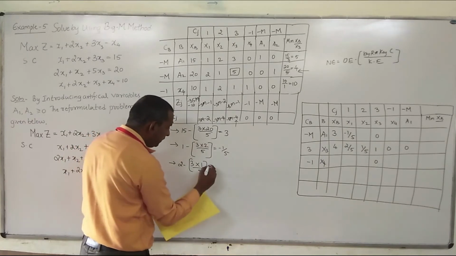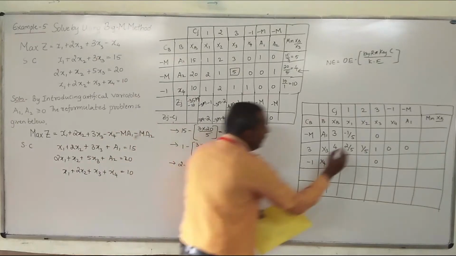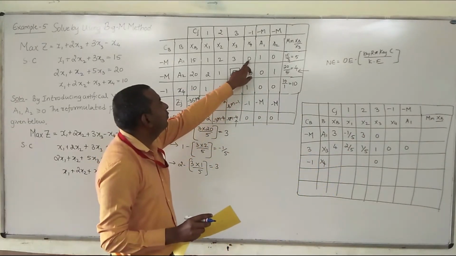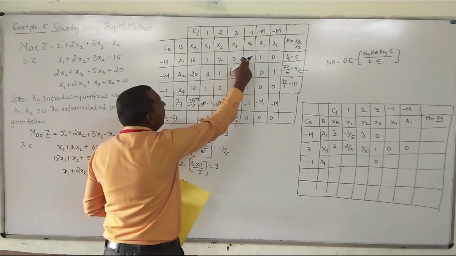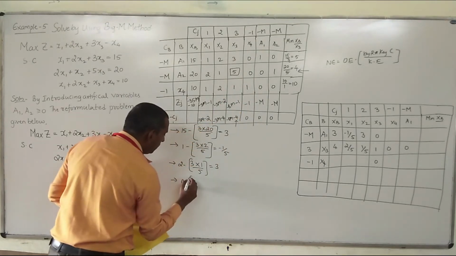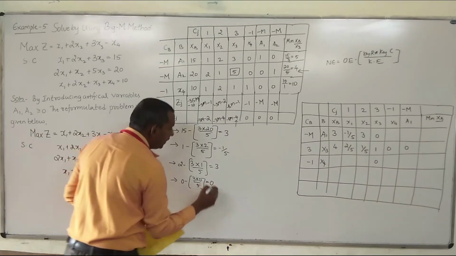The answer is 3. Next one is 0 minus 3 into 0 divided by 5, the answer is 0.